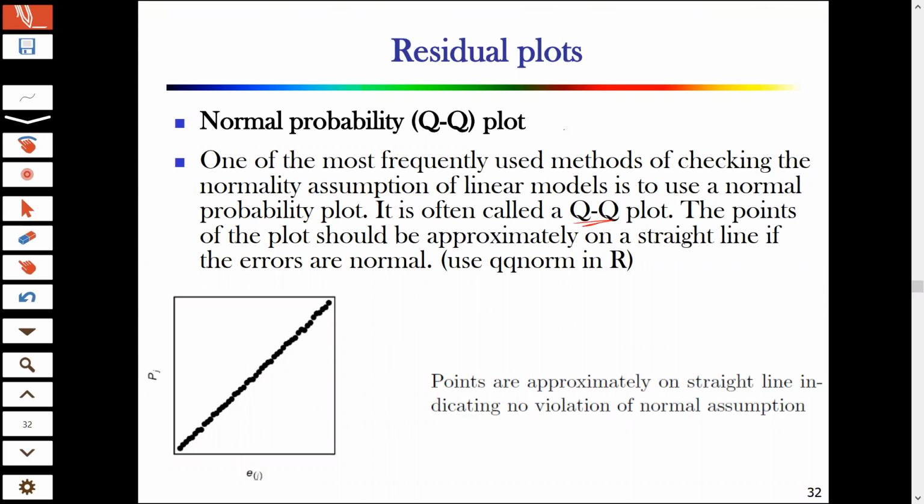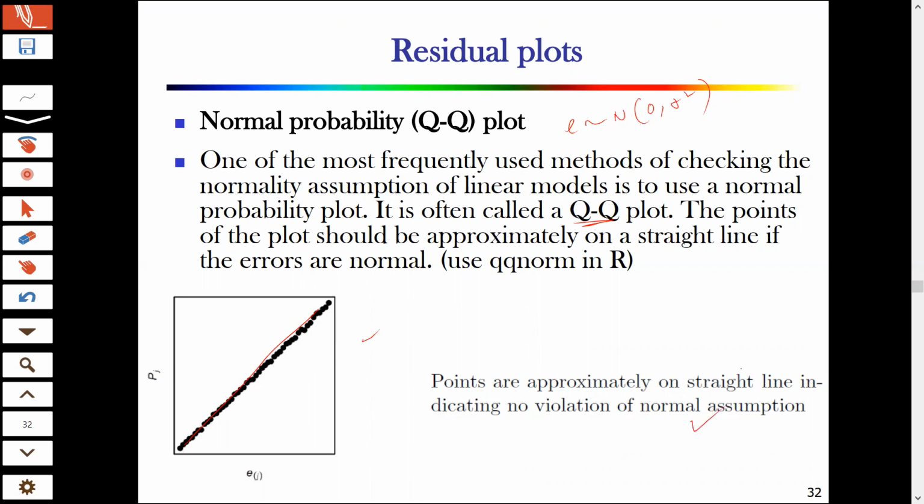Our error term is normally distributed with mean 0 and variance sigma squared. If you use the QQ plot, the points should be approximately on a straight line if the errors are normal. Points approximately on a straight line indicate no violation of the normality assumption.